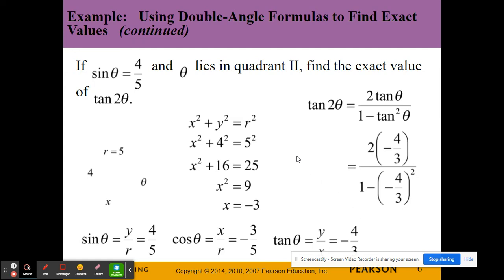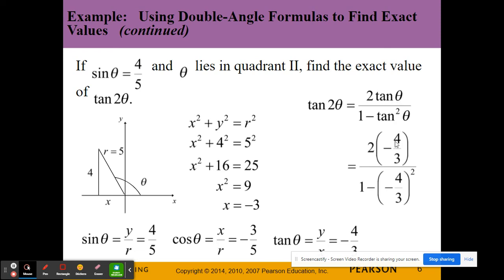Again, basically the same question, same setup, but it's now asking you for tangent of 2 theta. So again, you can get the x by getting negative 3/5. Tangent of 2 theta is equal to 2 tan theta over 1 minus tan squared theta. In this case, remember, tangent is y over x, right? So y is 4, x is negative 3.